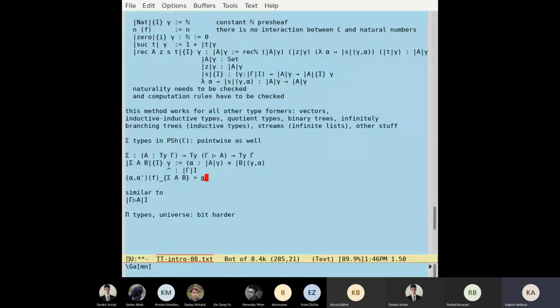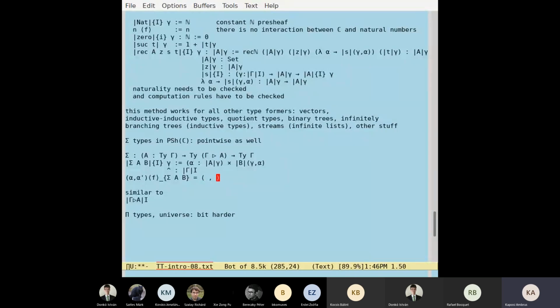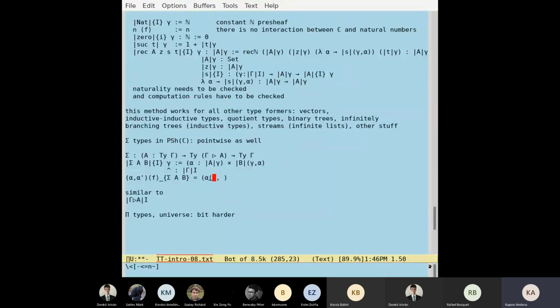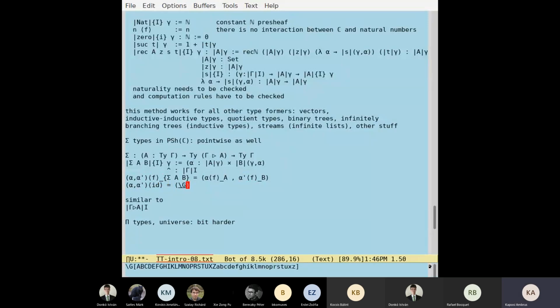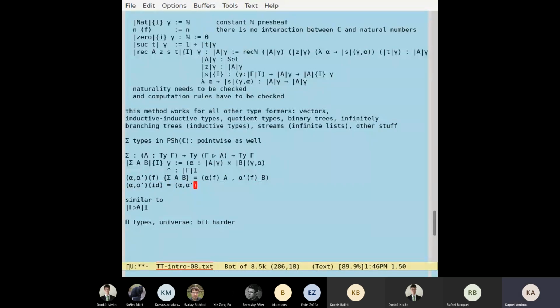It is the same as taking the pair of restricting alpha by F, and I restrict at A, and here I restrict alpha prime, and I restrict it at B. Okay, and the laws, for example this identity law, it needs to be the same as alpha comma alpha prime, and this holds because this is just defined pointwise.